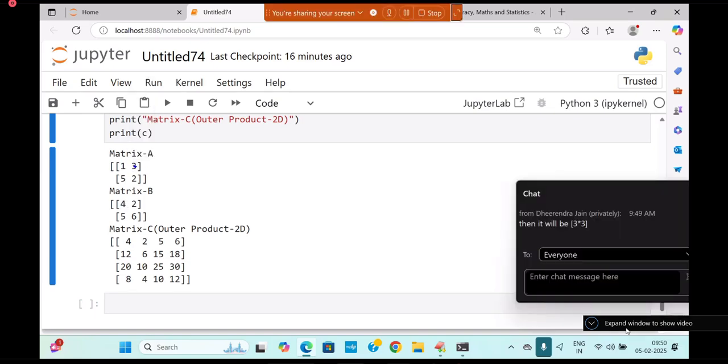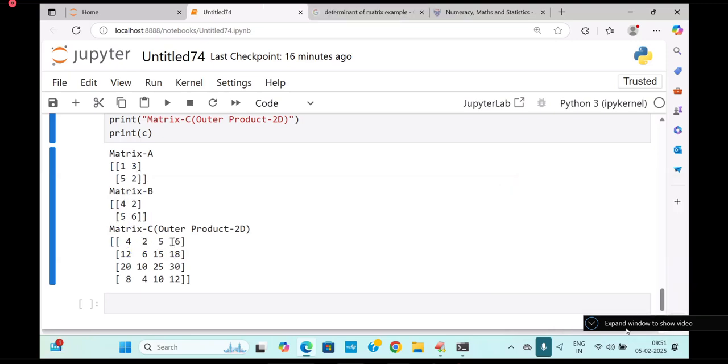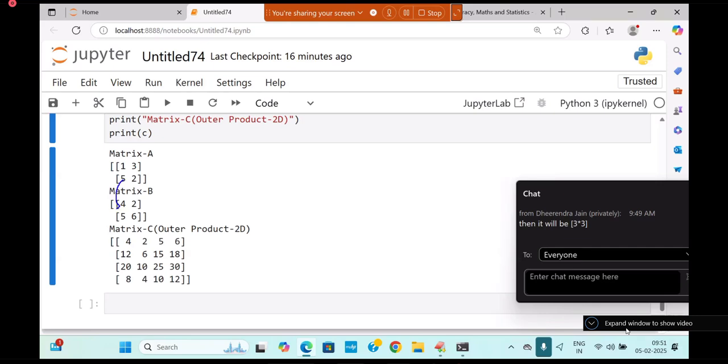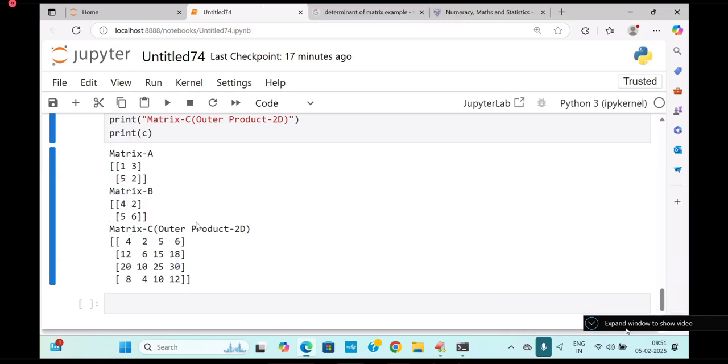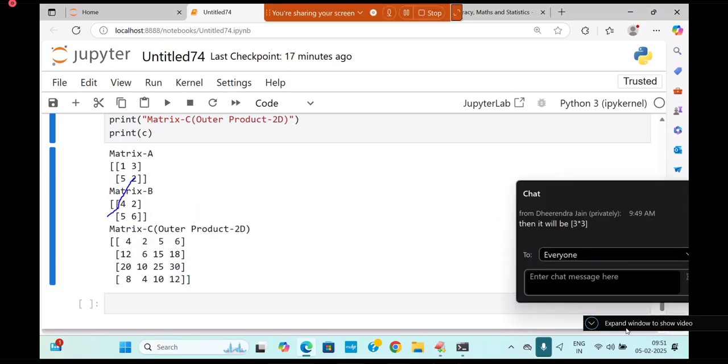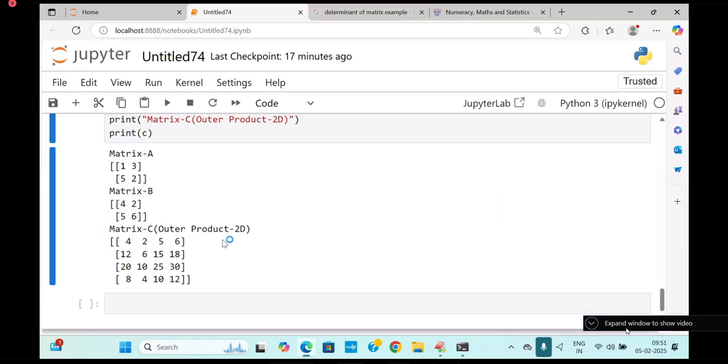Similarly 3 into 4, 12. 3 into 2, 6. 3 into 5, 15. 3 into 6, 18. Next, 5 into 4, 20. 5 into 2, 10. 5 into 5, 25. 5 into 6, 30. Next, 2 into 4, 8. 2 into 2, 4. 2 into 5, 10. 2 into 6, 12. This is called outer product.